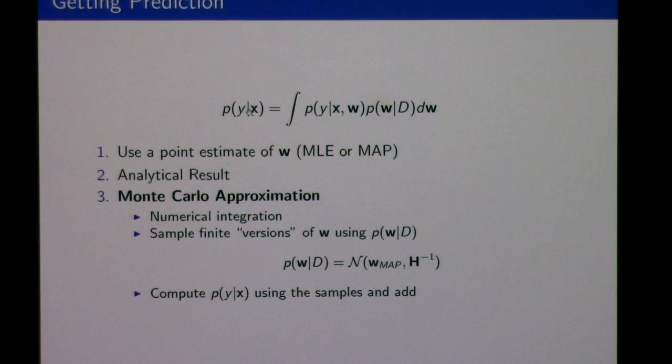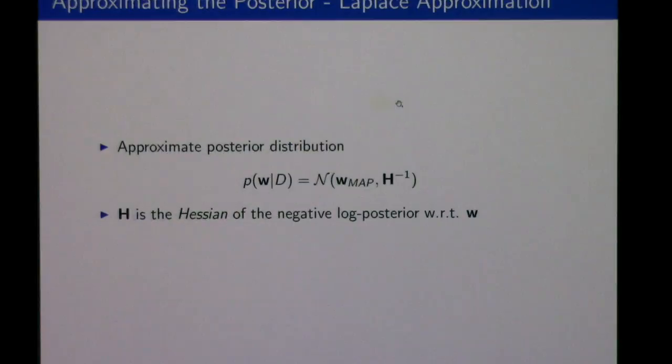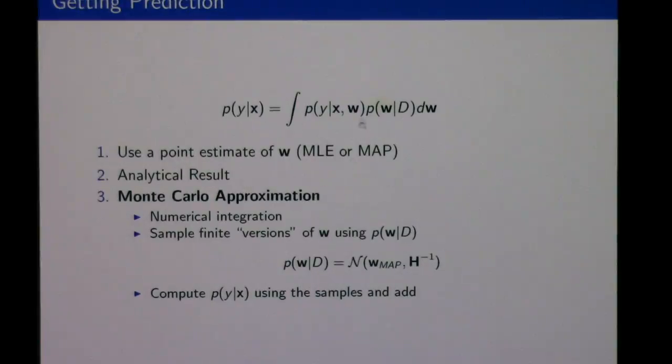It turns out that solving this integration is very difficult, right? So remember, P(w given D) is a Gaussian, which is given by this. So I know the PDF of that. P(y given x, w) is a Bernoulli distribution, which is theta raised to y_i times 1 minus theta raised to 1 minus y_i, right?